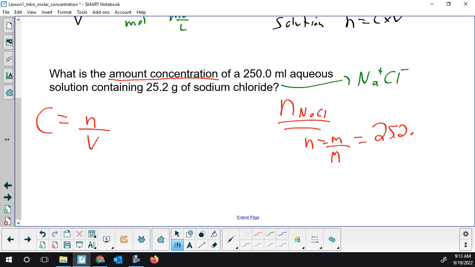25.2 grams of pure solute, and we need the molar mass. 1 sodium, 1 chloride is 58.44 grams per mole using your data booklet. Grams cancel, and we have 0.428 moles.